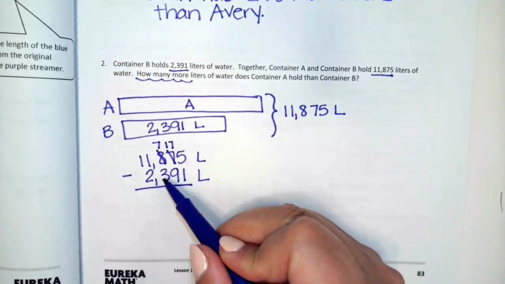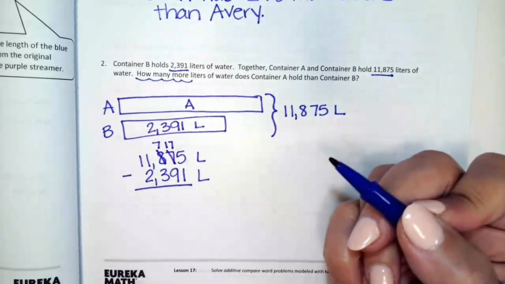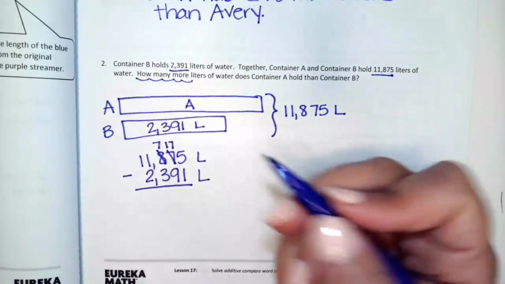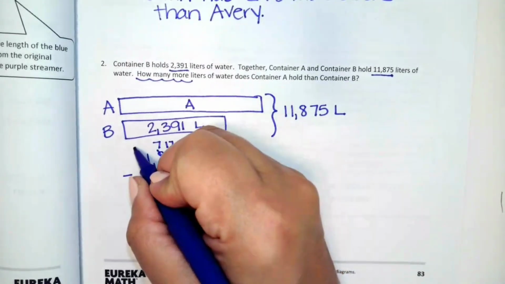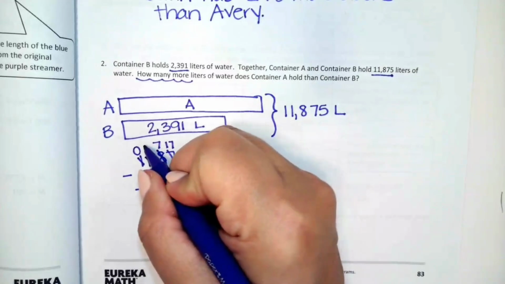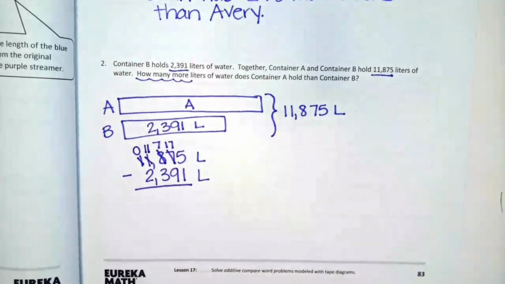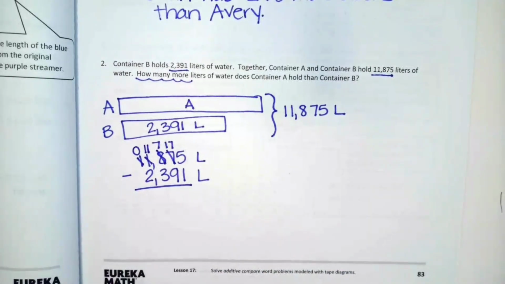Is 7 minus 3 ready? Yes. In the thousands, is 1 minus 2 ready? No. Decompose the 1 in the 10,000s. Cross it off, it goes down to 0. Give 10 to the 1 in the thousands, so that makes 11. Now 11 minus 2 is ready. Everything's ready to subtract. Pause the video, do your subtracting, and then press play when you're ready to check your work.